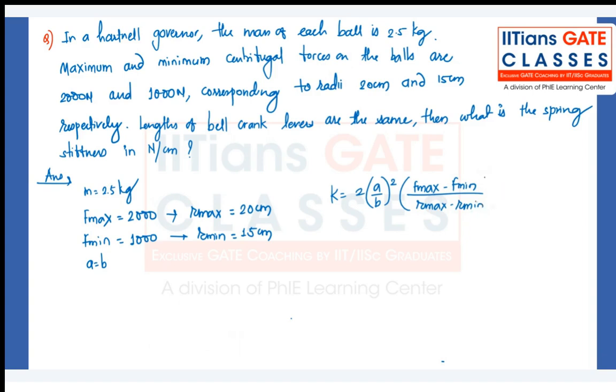Since A is equal to B, it is 2 times (2000 minus 1000) divided by (20 minus 15). So it is 2 into 1000, that is 2000 divided by 5, which will give you 400 Newton per centimeter.